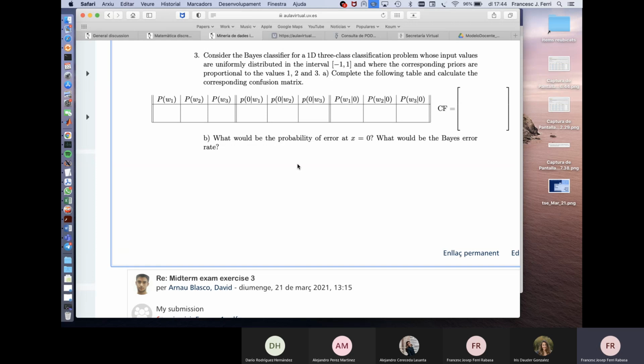Okay. Could you tell me what these three quantities are?